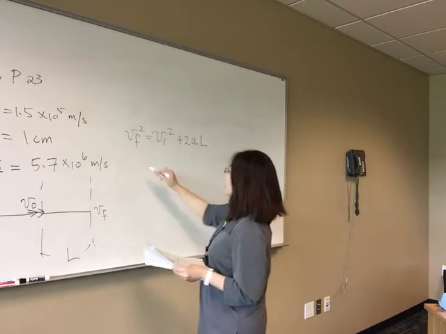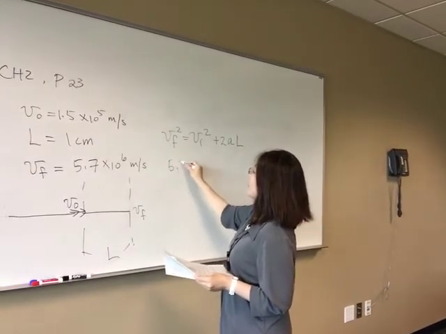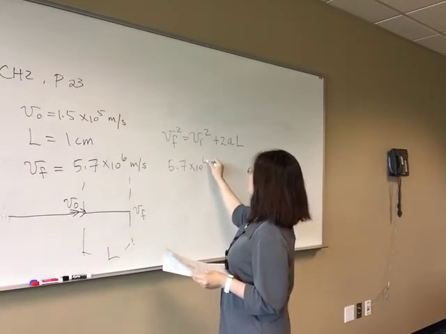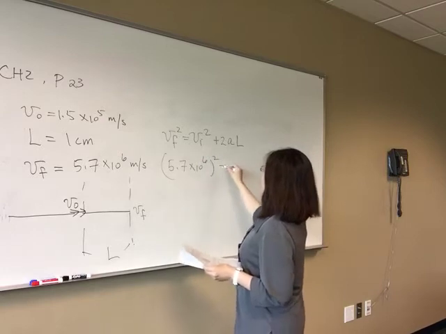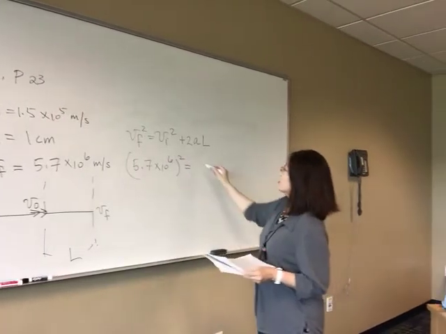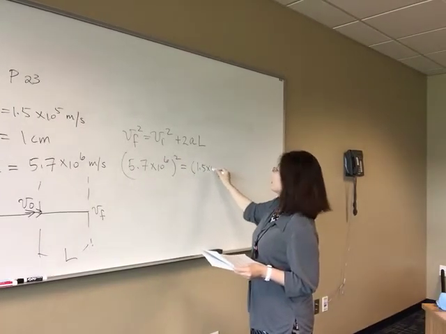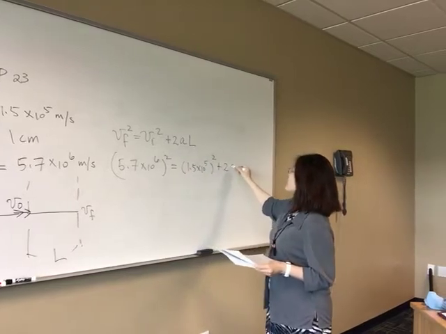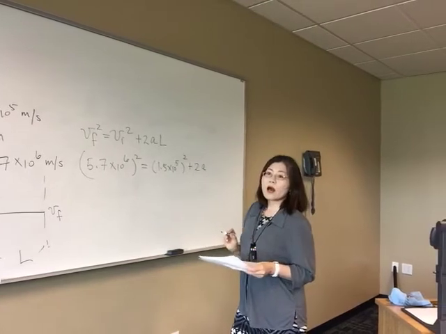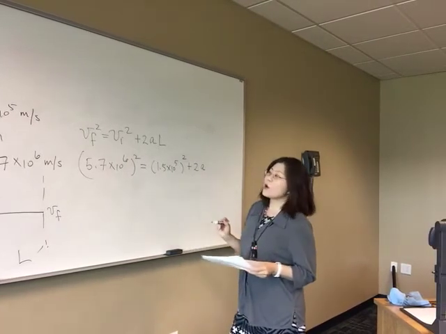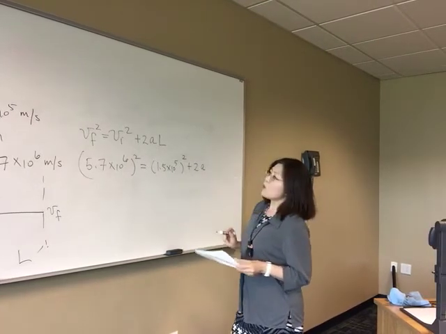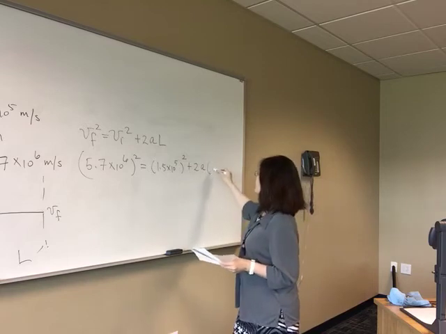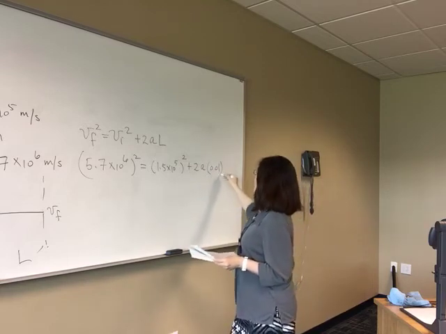Okay. So in that case, your Vf is 5.7 times 10 to the 6, and you square it, and that's equal to the initial velocity, 1.5 times 10 to the 5th, squared, plus 2 times the acceleration, which is the one you're asked to find, times your L. Your L is 1 centimeter, so you want to convert it to meters, so it's 0.01.